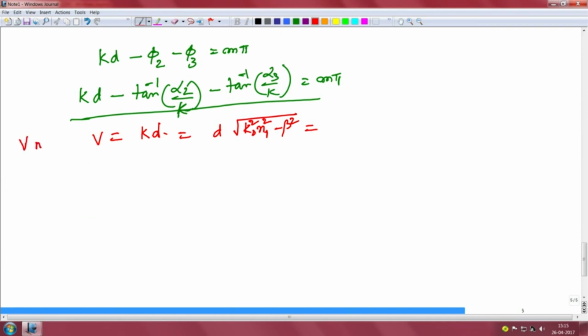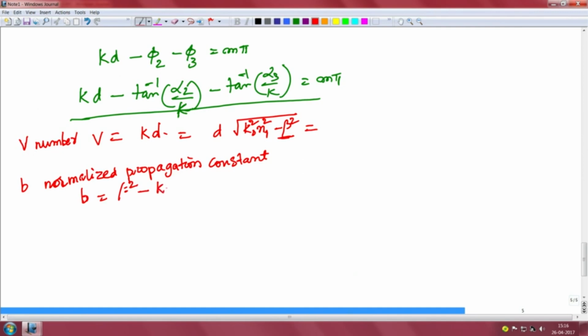This can be called the V number. And to represent beta, I will define a normalized propagation constant B as beta square minus k0 square n2 square divided by k0 square n1 square minus n2 square. We will get to the logic of this definition in a minute.